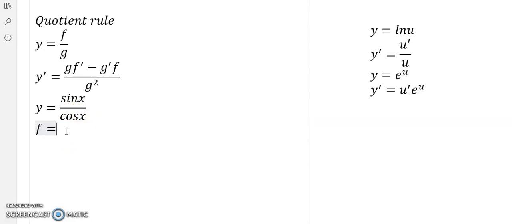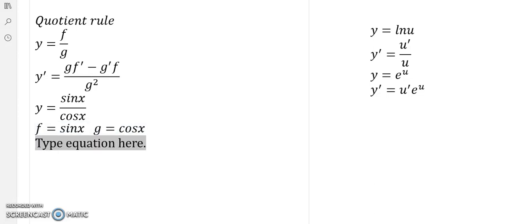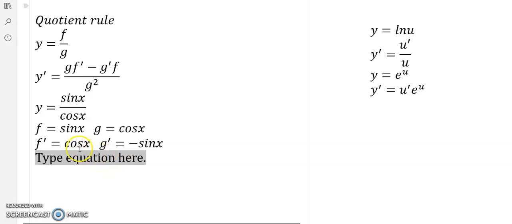Our f will be sine x and g will be cos x, but the derivatives of them will be f prime equal to the derivative of sine will give us cos x, and the derivative of g will be negative sine x.